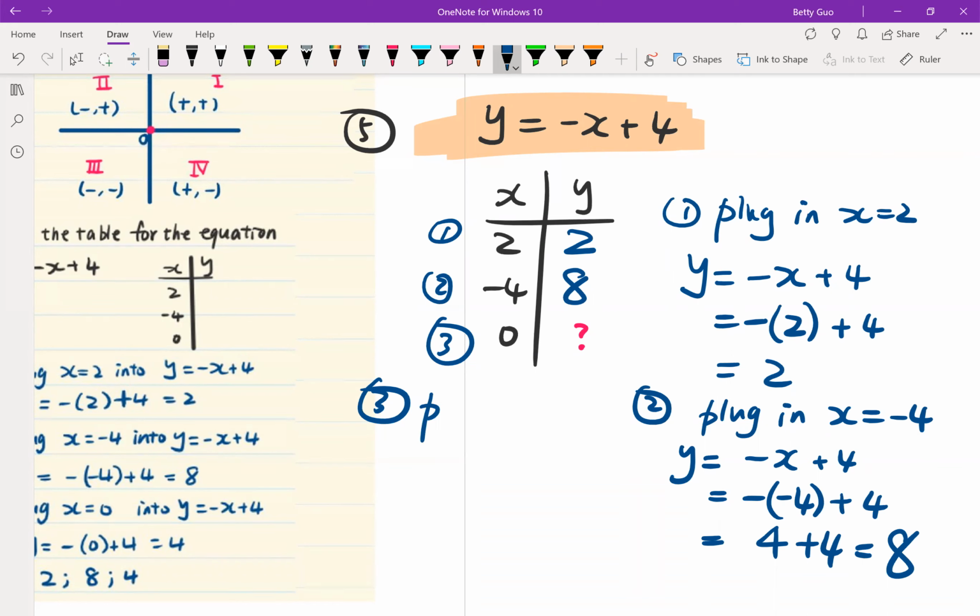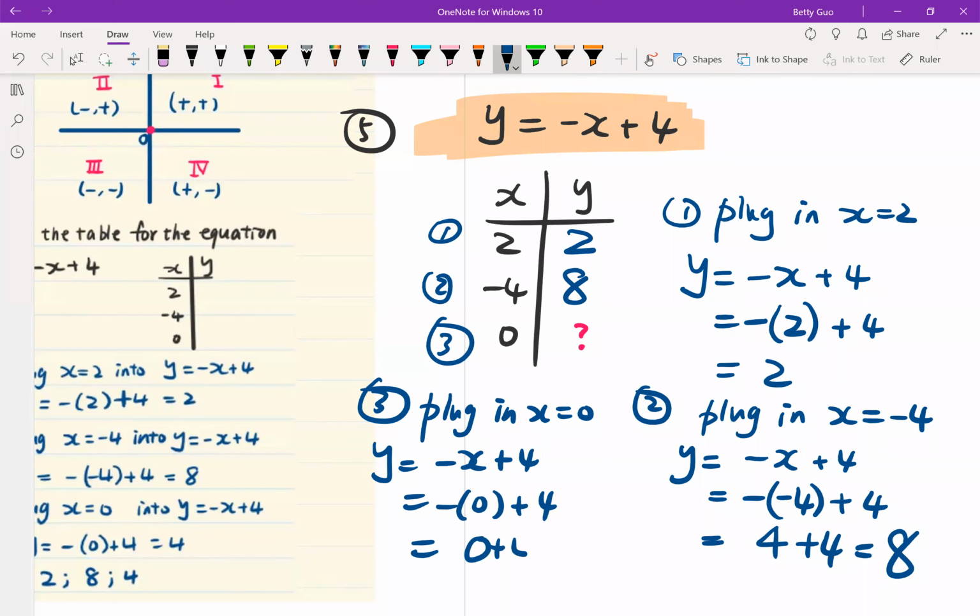Number 3, we plug in x equals 0. The equation is y equals negative x plus 4. We plug in x equals 0. Negative 0 is still 0, right? So 0 plus 4 is 4. So the third value in the table is 4.